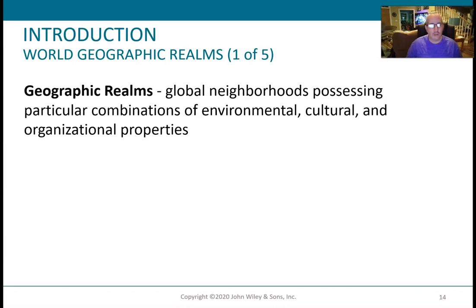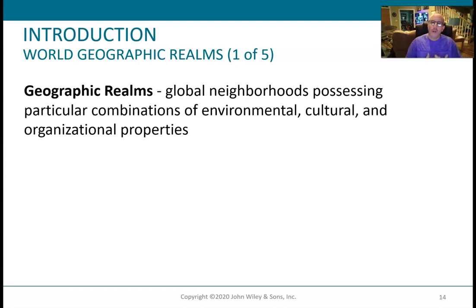And if you don't know, there's 7 continents, 6 of which are populated. The 7th is Antarctica, where there's only scientists and penguins, so we don't really study that much in world regional geography. So we have 6 continents: North America, South America, Africa, Europe, Asia, and Australia. So those are the 6 continents, and that's how we would study those.